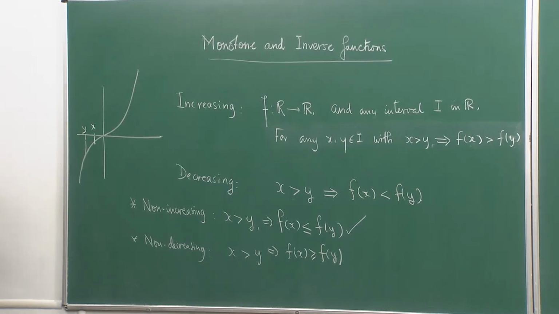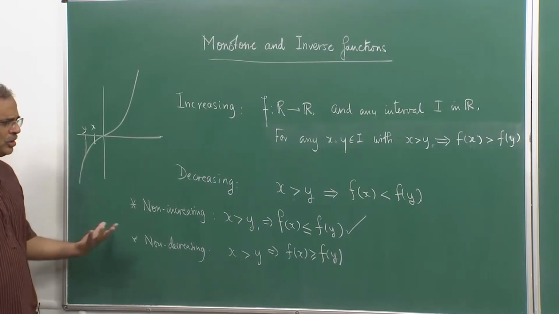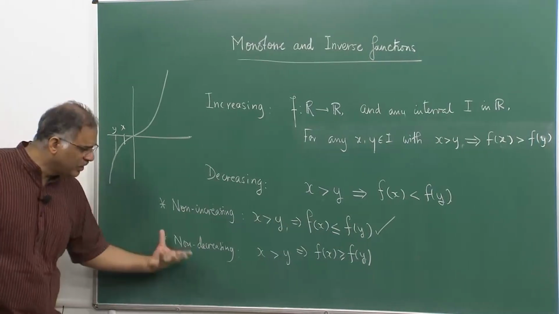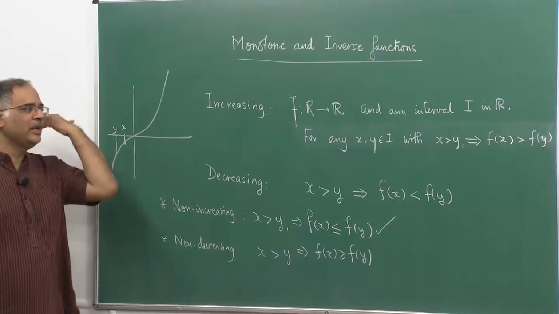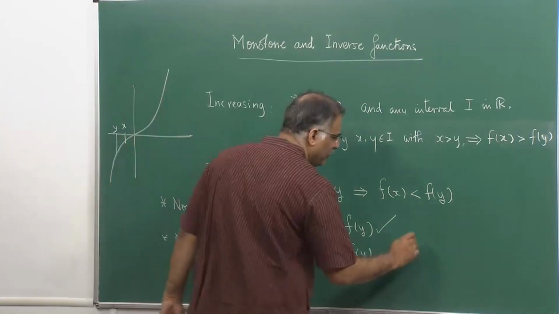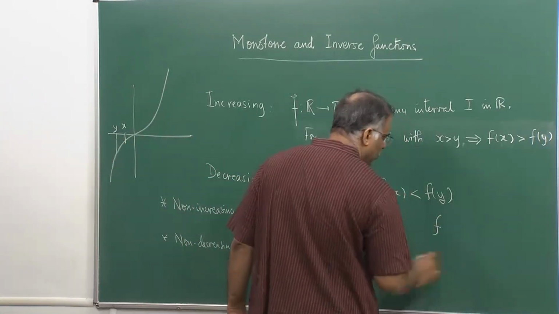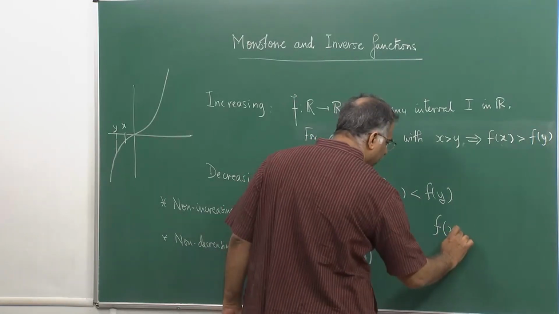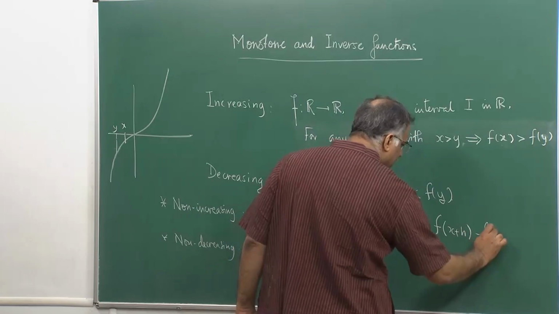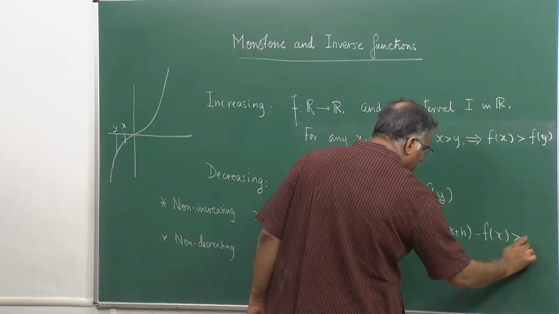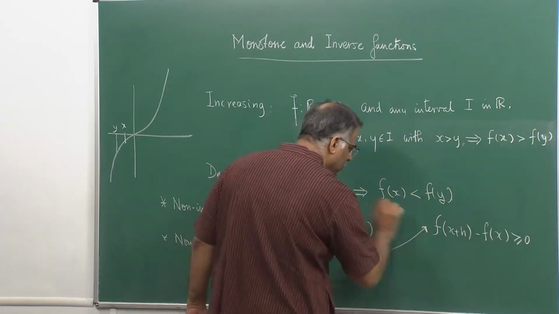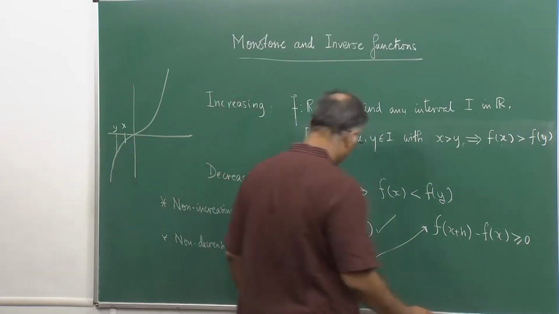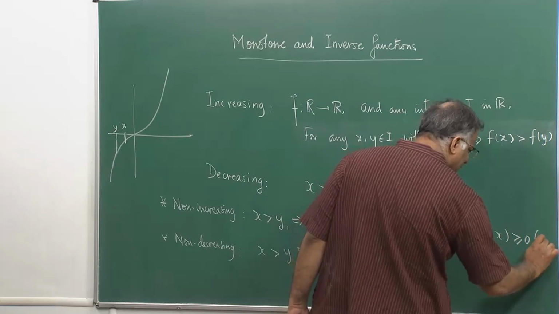Suppose you have a differentiable function which is non-decreasing, then you can have necessary conditions. For example, if you take 2 points x and x plus h where h is positive, f of x plus h minus f(x) is greater than or equal to 0, if it is non-decreasing, because h is greater than 0.